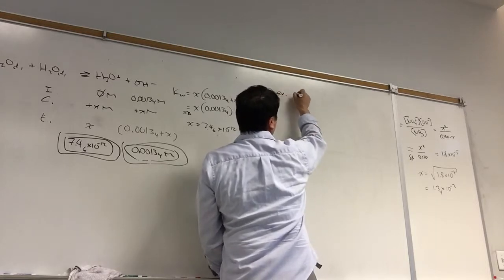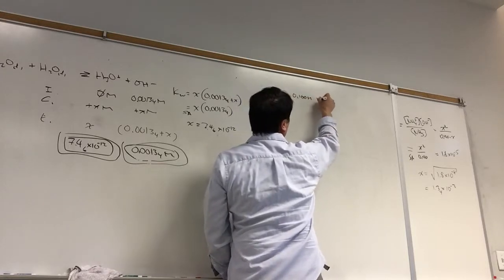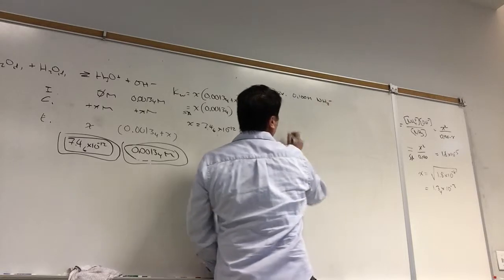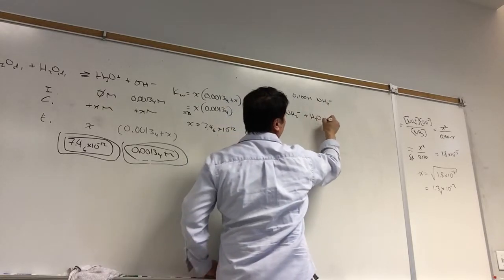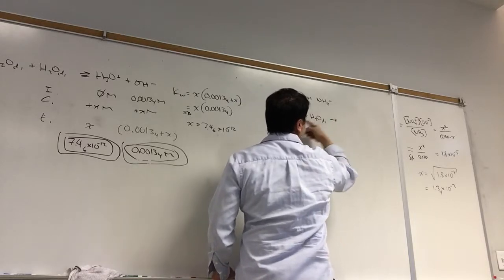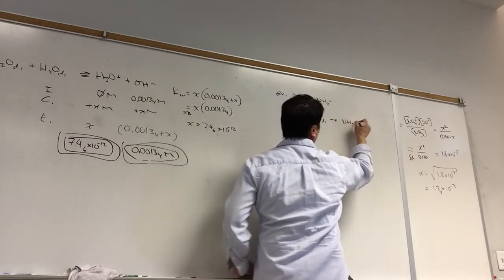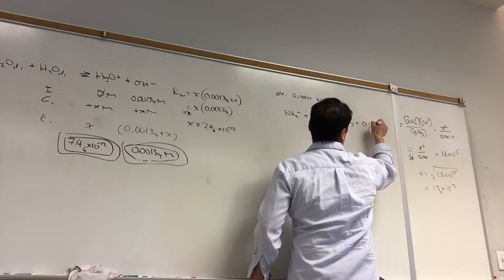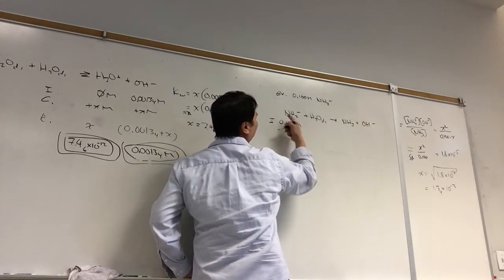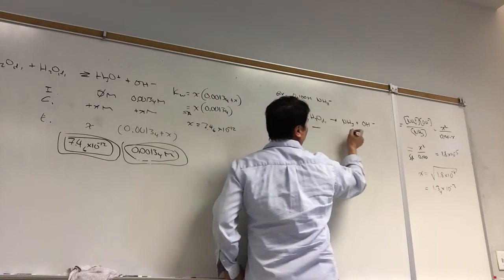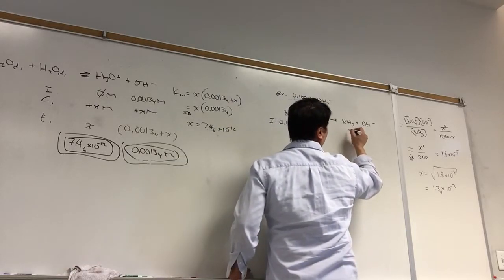All right, the next one would be 0.100 molar amide. Amide is a strong base, and strong bases are just a one-way reaction. So amide is going to give us ammonia plus hydroxide. The initial is going to be 0.100 molar amide. Water, skip that.